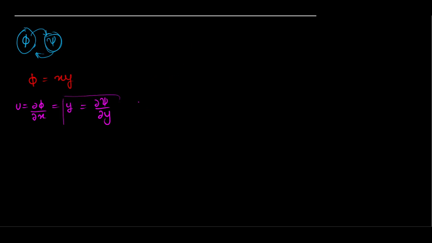So using this quantity we can say that psi is equal to y square by 2 plus some function of x, let's call it f1 of x. In a similar case I can say v is equal to del phi by del y, which is equal to x in this case, which is also equal to minus del psi by del x. So what I'm going to do is first differentiate this with respect to x.